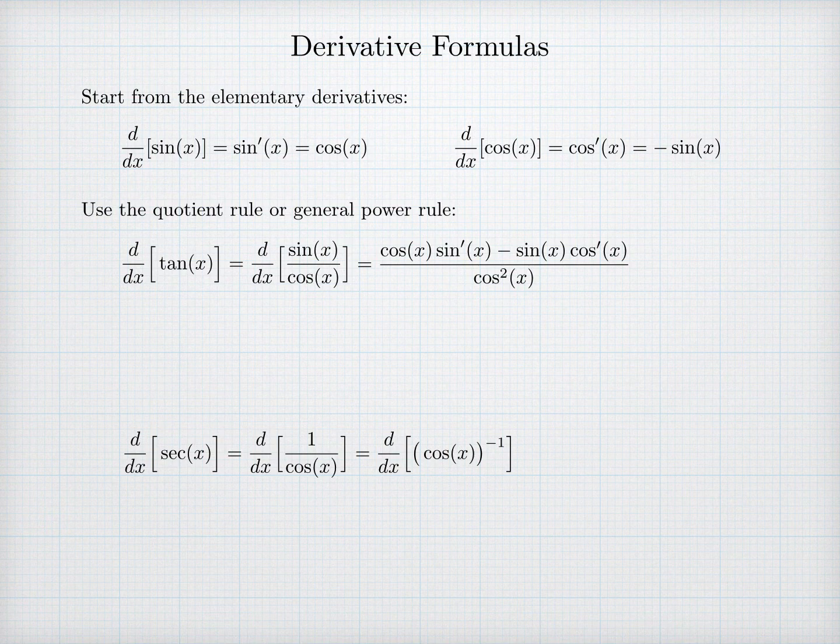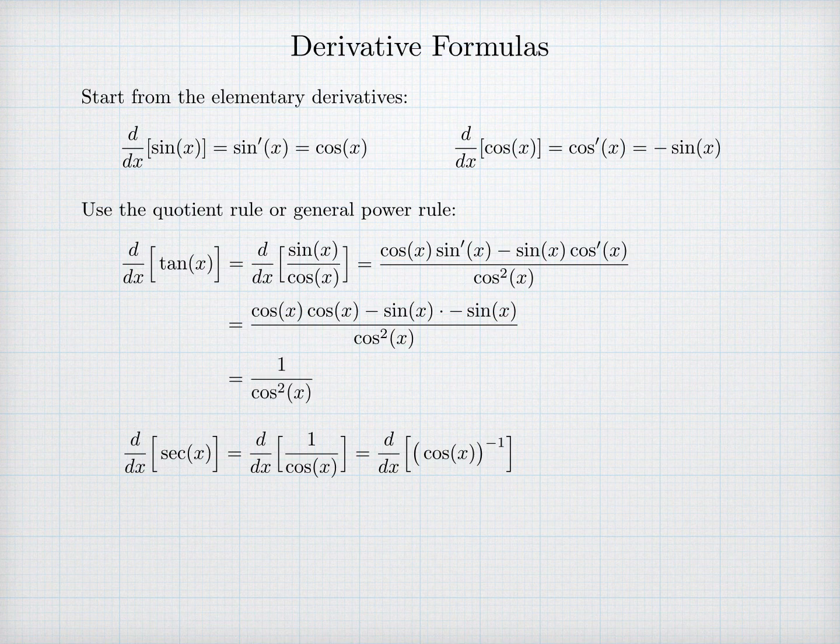So the sine's derivative is the cosine, and the cosine's derivative is negative sine. And negative sine times negative sine is plus sine squared, and notice on the top I have a Pythagorean identity. Cosine squared plus sine squared equals 1. And so my tangent's derivative is 1 over cosine squared, which is the same as secant squared. So the tangent's derivative will be secant squared.